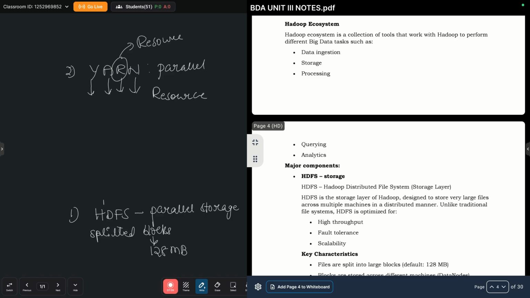What do you mean by resource? You have already learned in operating systems. If you take your laptop or a desktop computer, what is a resource? Give an example of a resource.